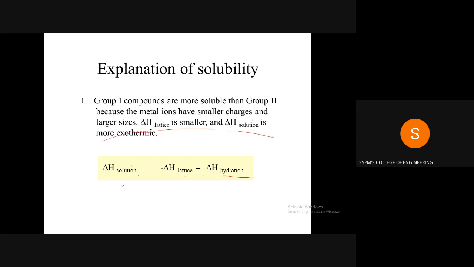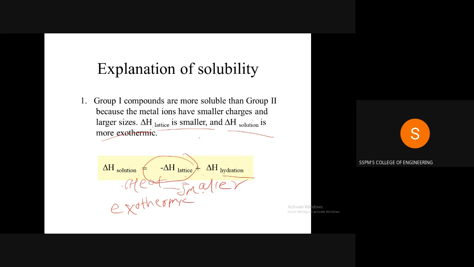Exothermic means it gives off heat. So for group 1 elements, solubility will be more because of smaller size. Smaller the size, hydration energy increases and the reaction is exothermic.